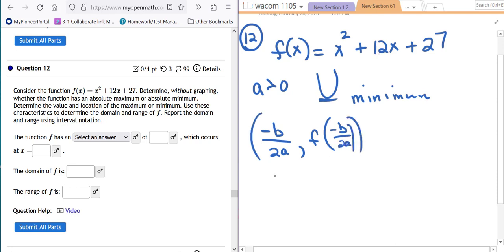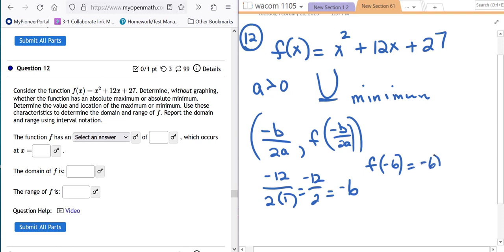All right, so negative 12 over 2 times 1, which gives us negative 12 over 2 is negative 6. And then we want f of negative 6, which is negative 6 squared plus 12 times negative 6 plus 27.